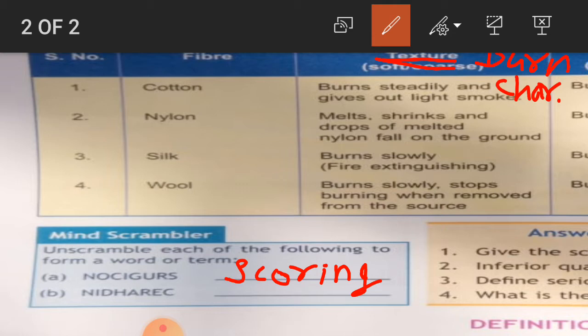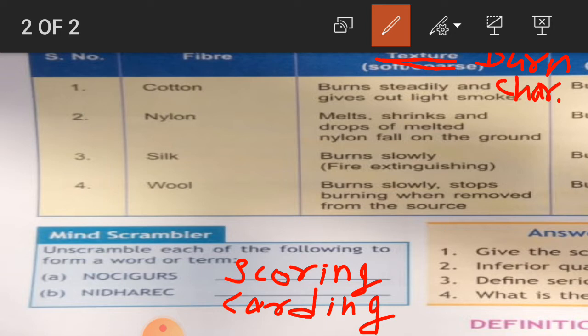Now the B, NIDHAREC. So the word should be carding. Carding, which is used to strengthen dyed fibers.